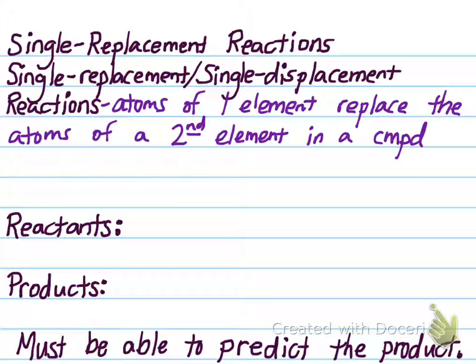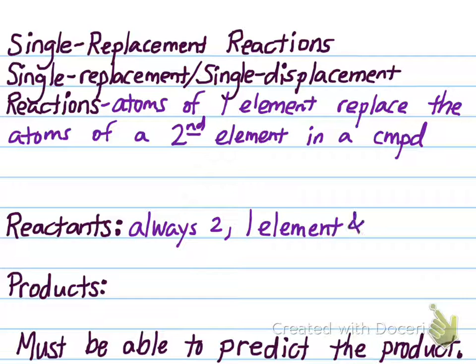Again, as you kind of think about this then, in terms of reactants, there are always 2, and they are always 1 element and 1 compound. So I have to have an element that's taking the place of whatever is like it in the compound. In terms of products, there's also always 2.